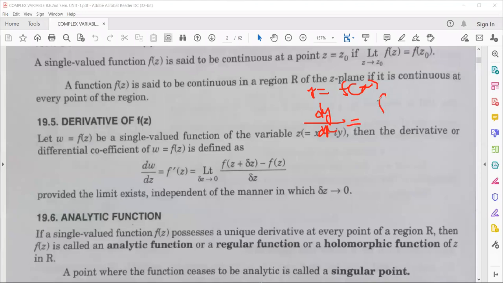That is the limit, the first principle of derivative. If you remember, f(x plus del x) minus f(x) by del x.